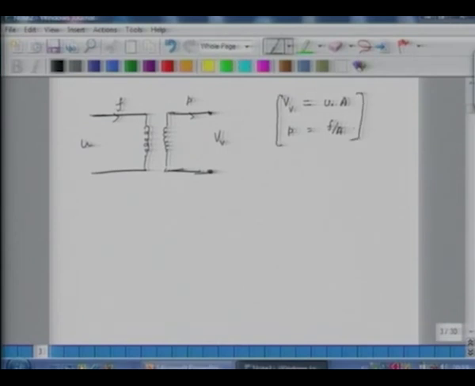So again, you have this. So my turn ratio will be related to area, and so your turn ratio is 1:A in this case.